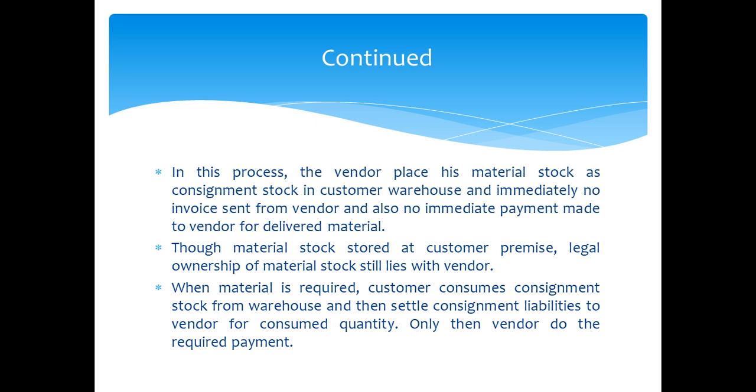Though the material is placed at the customer premise, the ownership of that material still lies with the vendor. And as I mentioned, whenever the material is required, the customer will consume that consignment stock from that warehouse and then do the settlement for the consumed quantity.